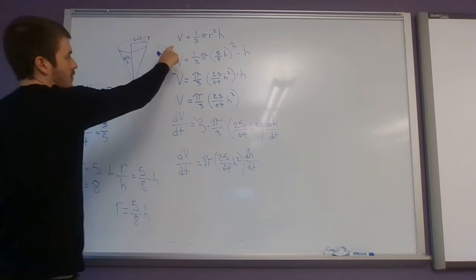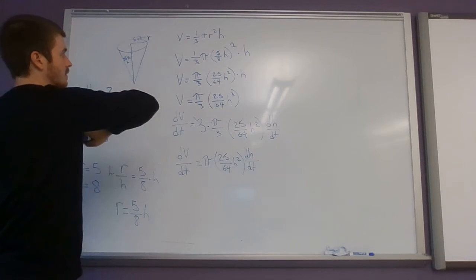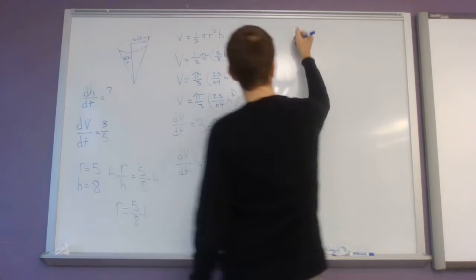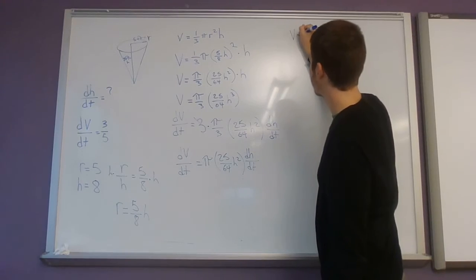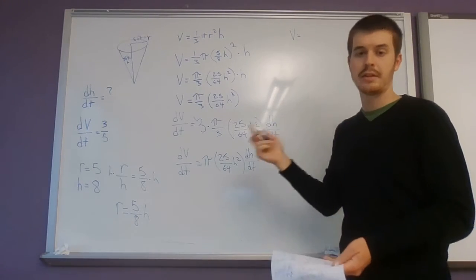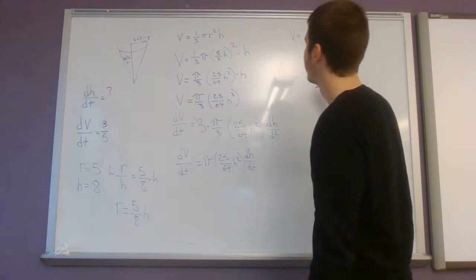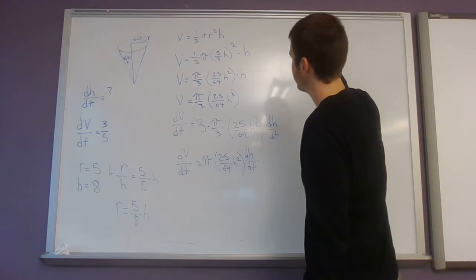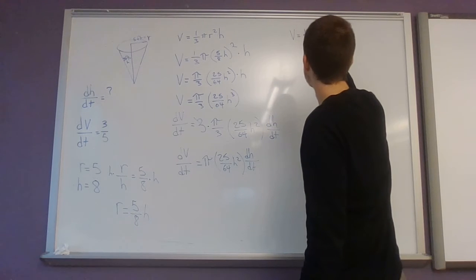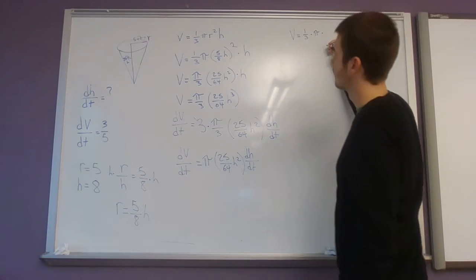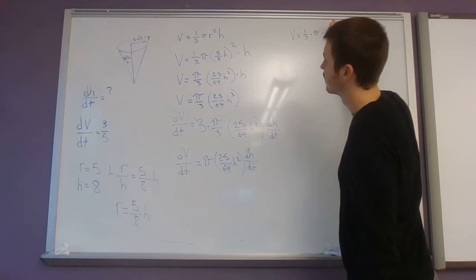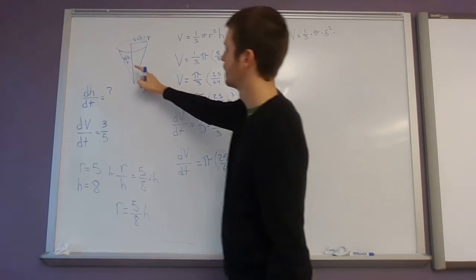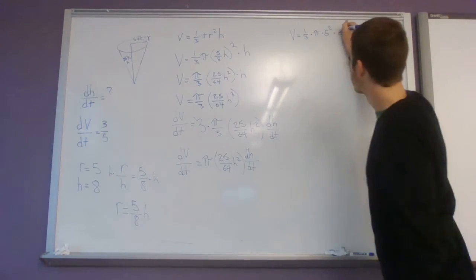So I'm going to just use my original equation here, and we're going to solve for volume if it's full, and then we're just going to cut it in half and use that. Radius squared and height is 8.